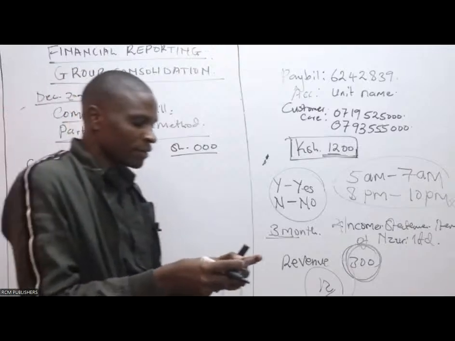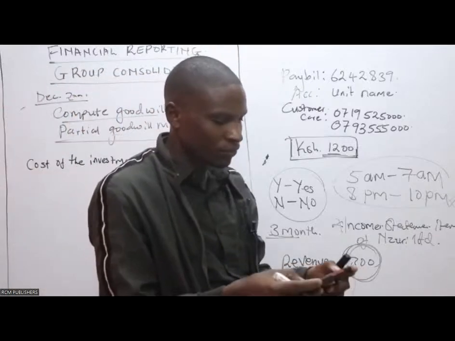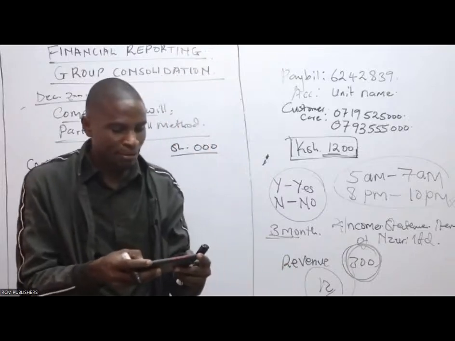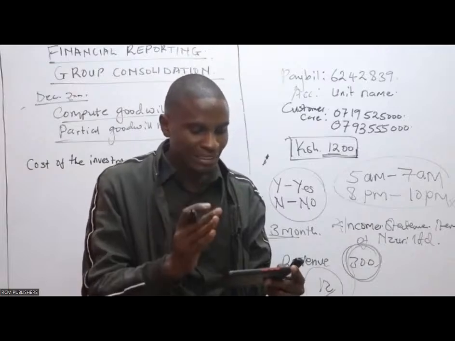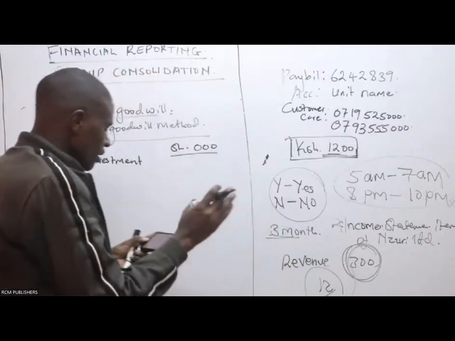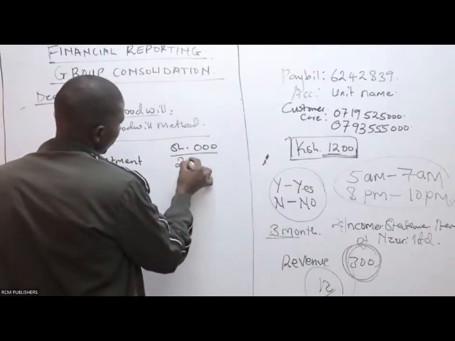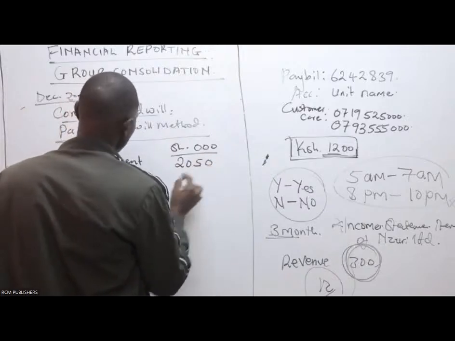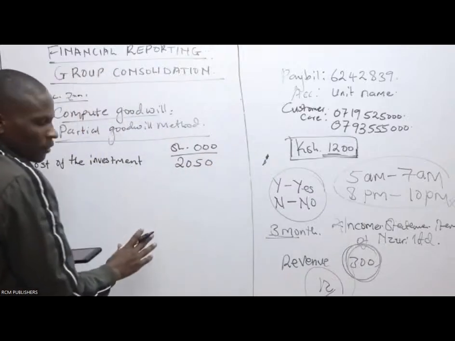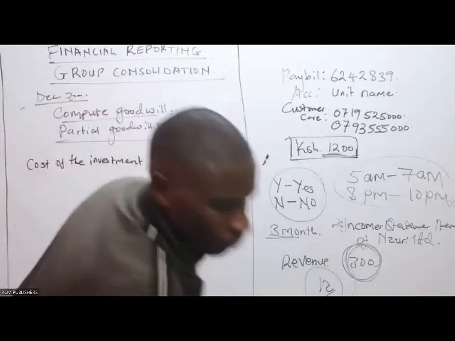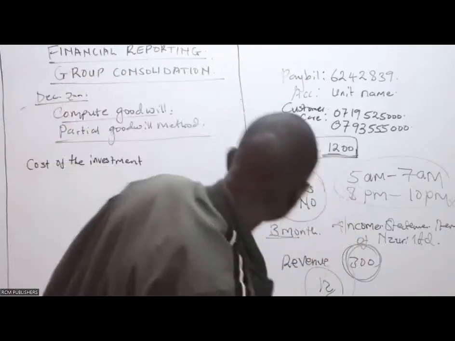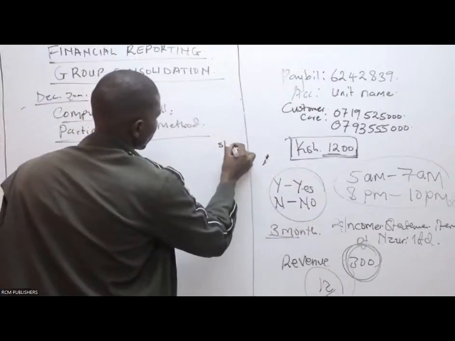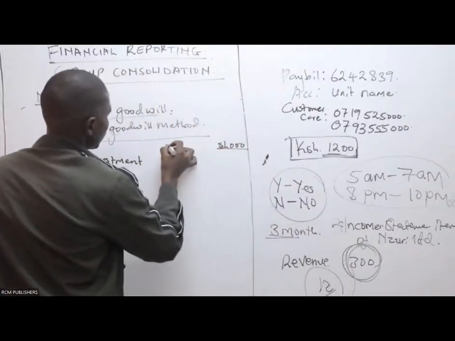We have been given it there. The first information is 80% of the ordinary share capital of Nzuri Limited for 2560. That is very good. Put it ahead: 2560 shillings here in 1,000.